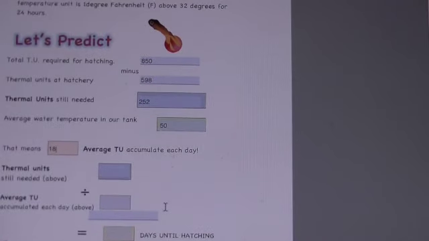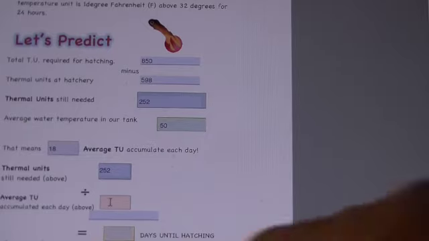So now we next go into the thermal units still needed. This is the number above, right here, thermal units still needed. And that number was 252. So we're going to plug that number right in here. And now we'll divide that number by the average temperature units accumulated each day, which was this number right here that we already calculated. So that is 18.